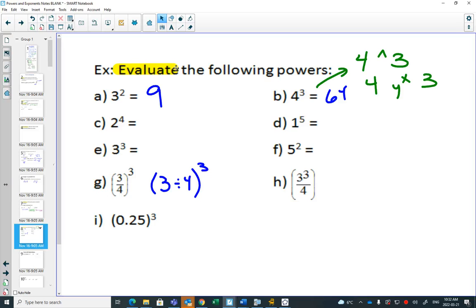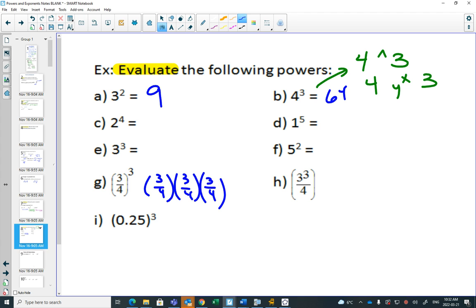The other thing you can do with the fraction one is look at the following. If it means repeated multiplication, how do you multiply fractions? You multiply the tops. 3 times 3 times 3 is 27. You multiply the bottoms, and you get 27 on 64, which you could write as a decimal.